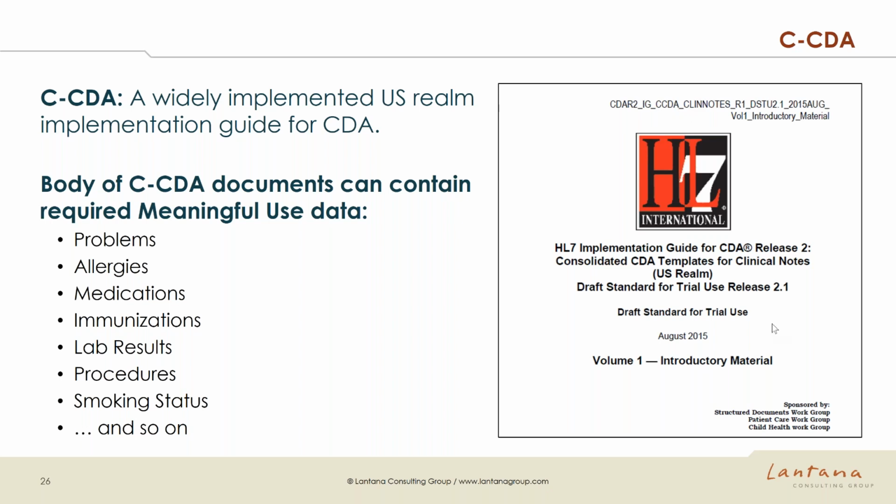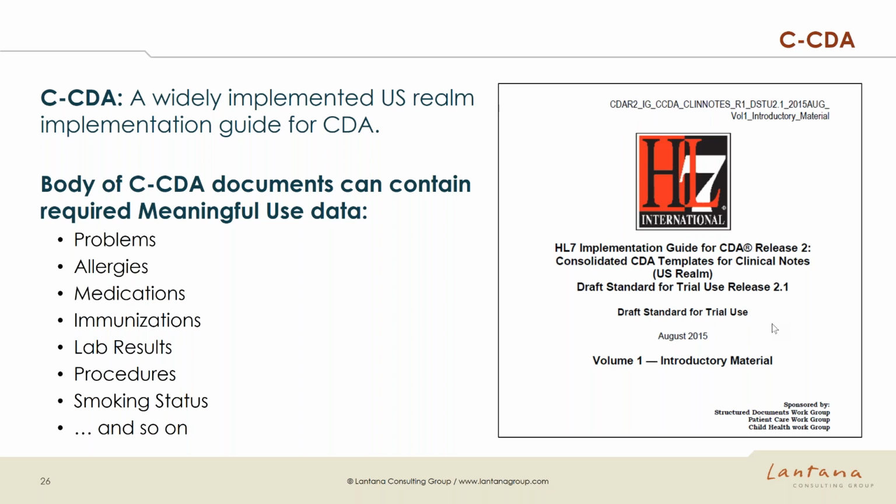So the body of CDA documents that conform to CCDA can contain required meaningful use data, such as problems, allergies, meds, and so on and so forth. That can be represented using narrative or coded data, or a combination of both, which is the most common, I should say. The narrative is always required, actually.